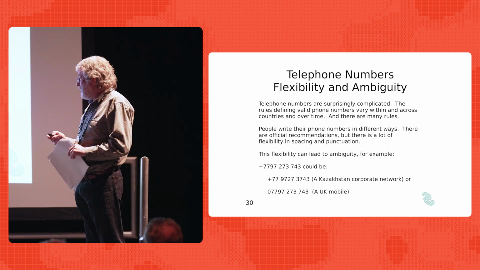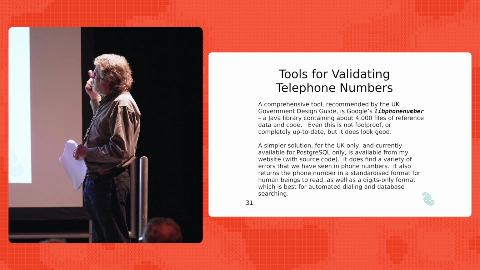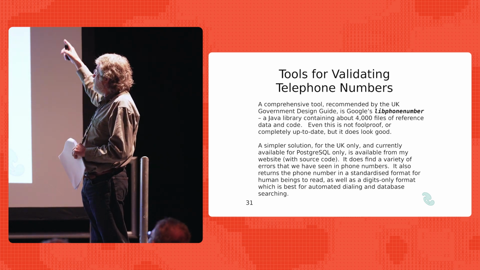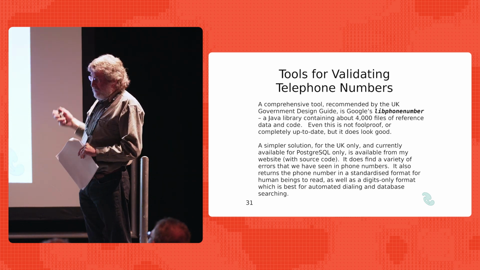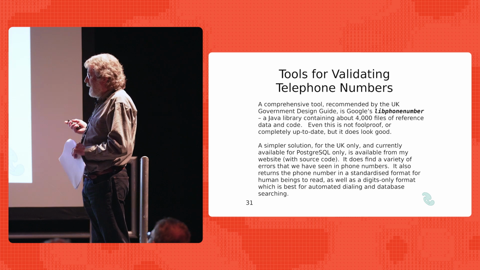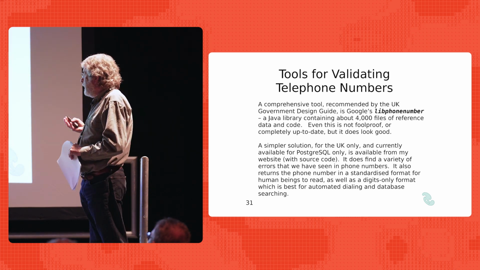It would be good to check, but that's one I might guess, I think. The Government Design Guide refers to Google's libphonenumber, a Java library of about 4,000 files. But even that's not foolproof, and Google says so. It doesn't validate everything properly.